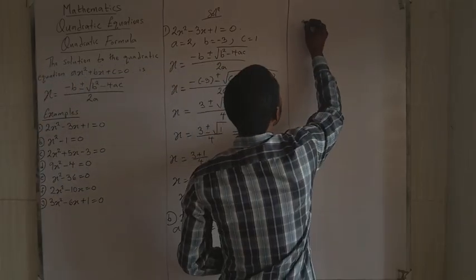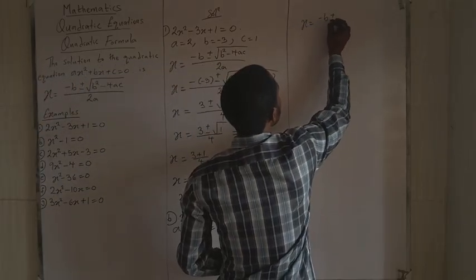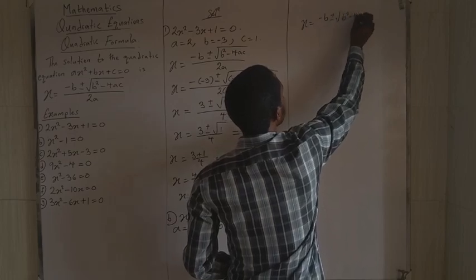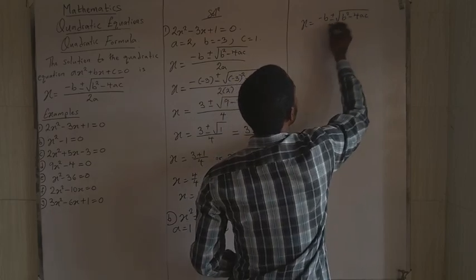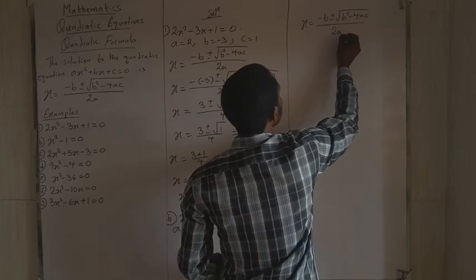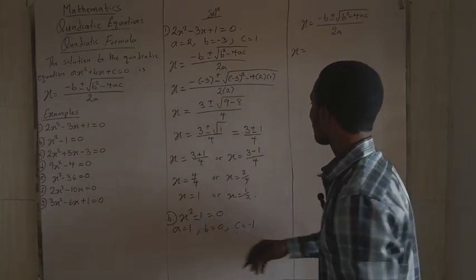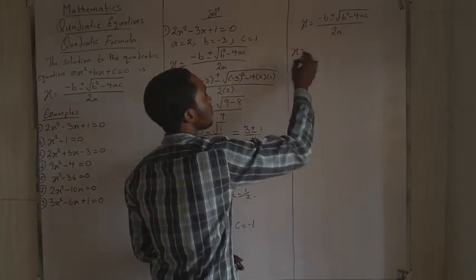Introduce the formula. x equals minus b plus or minus the square root of b squared minus 4ac, over 2a. Now let's substitute the values of a, b, c. a equals 1 and b is 0.